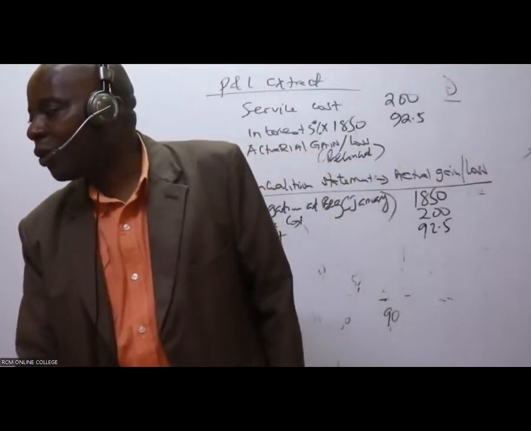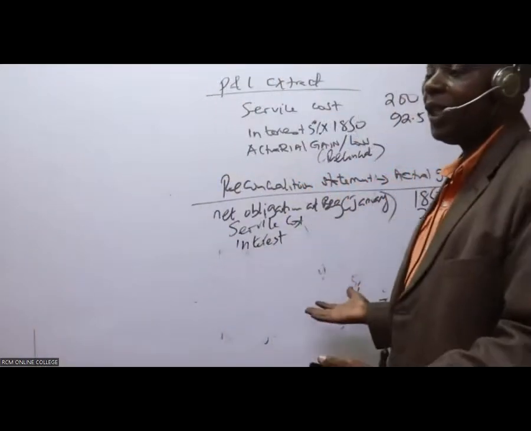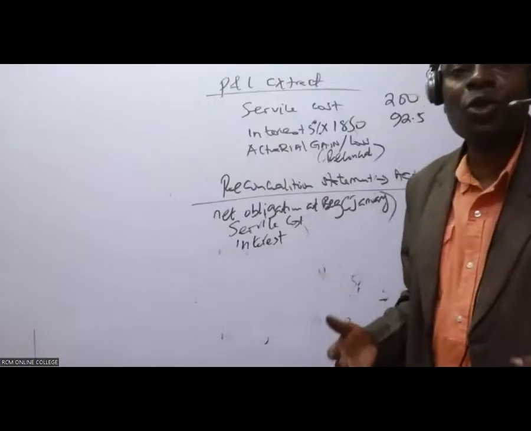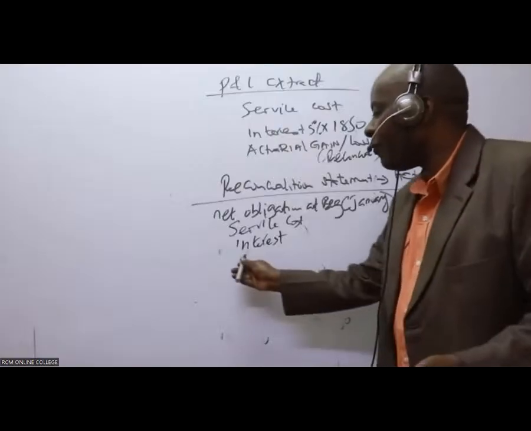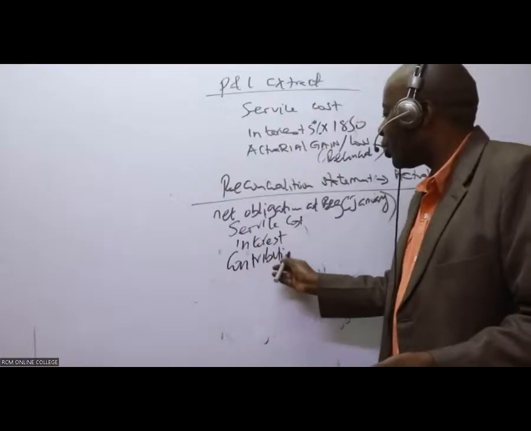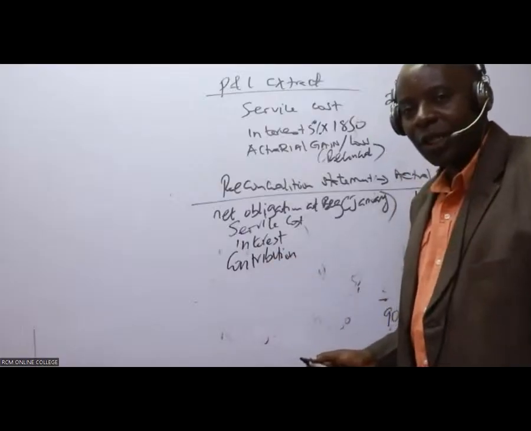Is this everything? The contribution received, yes. Now we know the effect. Even if I don't understand so much, I know the contribution received is increasing my assets, and therefore my obligation is the net obligation.